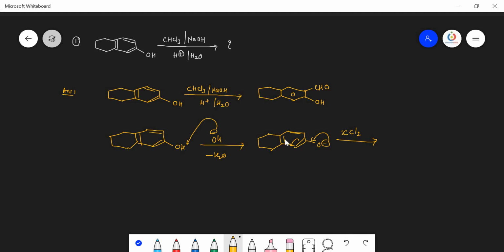This position will attack over here, from this particular position. Now the double bond comes here. Here one double bond is there, here double bond O, and here CCl2 minus comes.